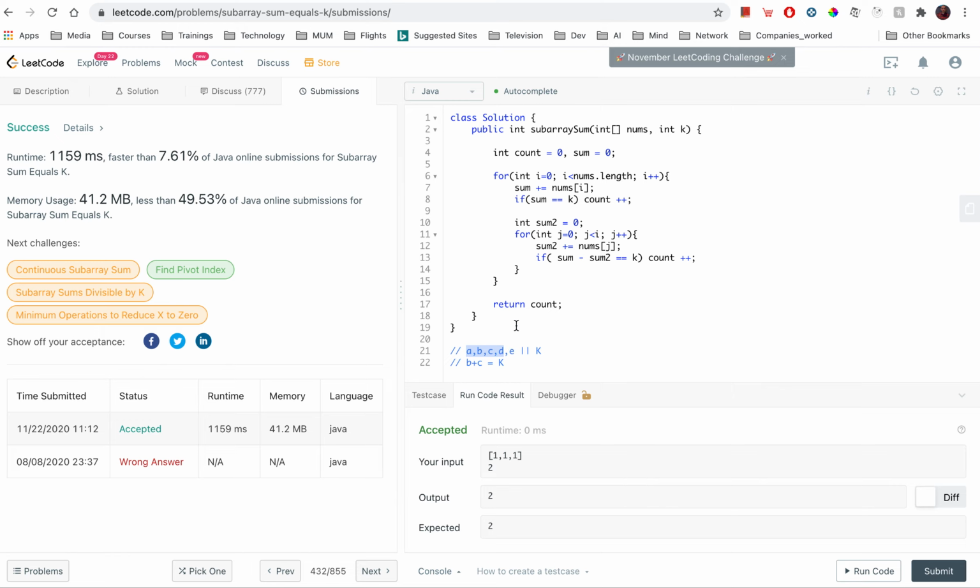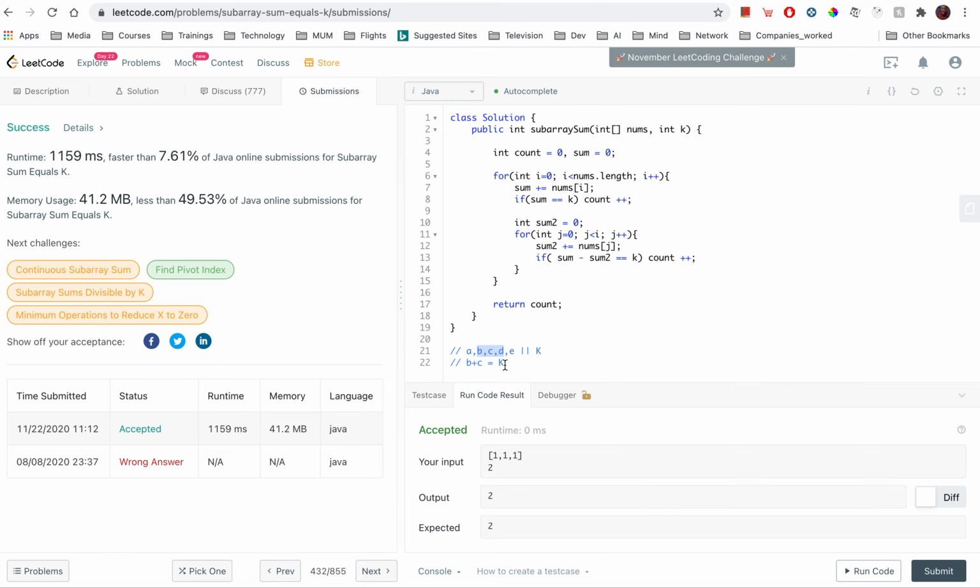So if we analyze properly, the sum between two indices is always something. To find the sum between this index and this index, if we find the cumulative sum up to d and then subtract the cumulative sum up to a, we get the in-between sum, right?